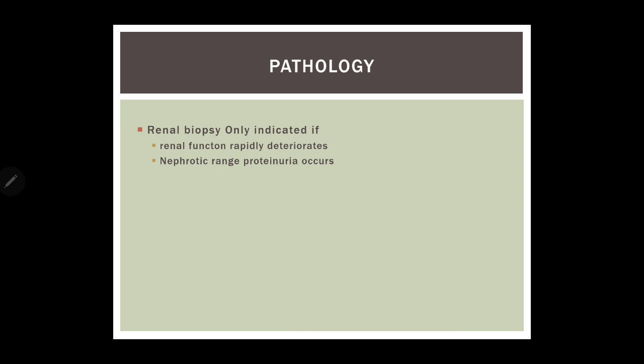We try to be as non-invasive as possible. So we do avoid a renal biopsy, but then if there is a rapidly progressive glomerulonephritis for which we don't know the cause, or if we are suspecting a systemic disease very strongly and we don't know the cause, then yes, I think it's extremely important to do a renal biopsy.